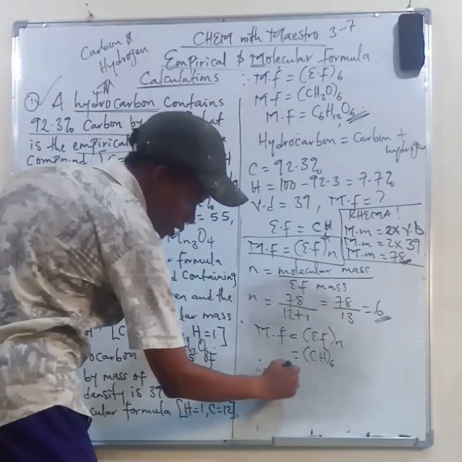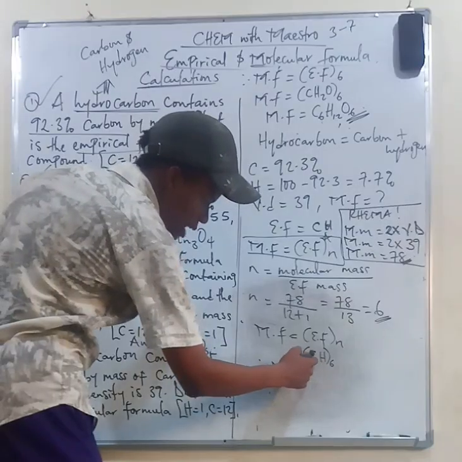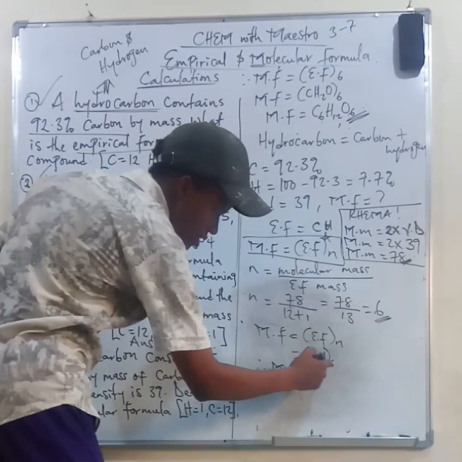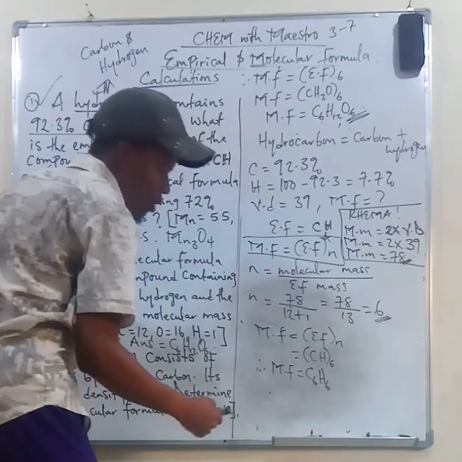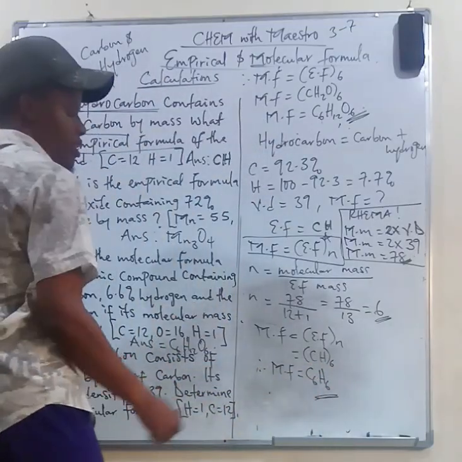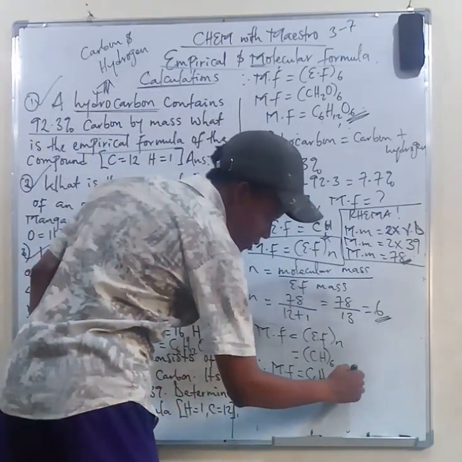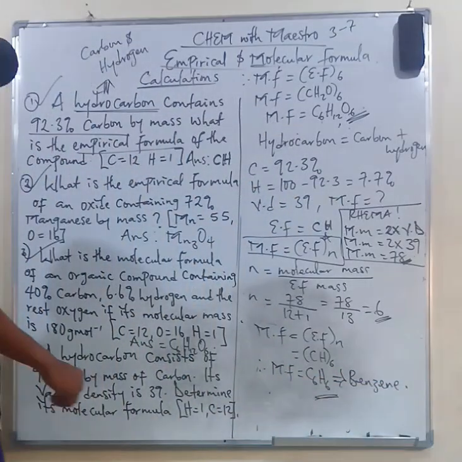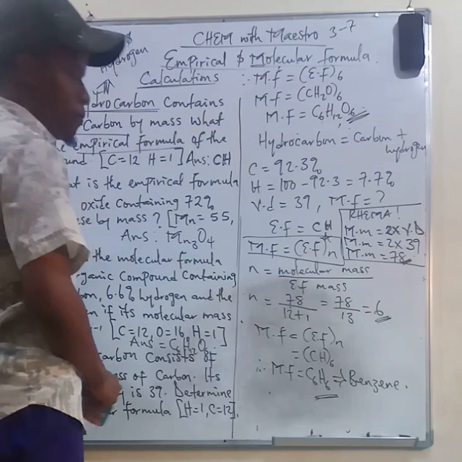Therefore, 6 times 1 carbon is C6, 6 times 1 H is H6. So our molecular formula is C6H6. This is known as benzene, the molecular formula for benzene.